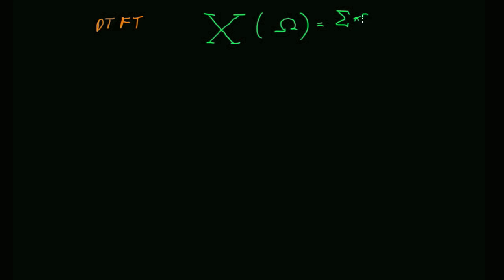Is that what we wrote down before? Okay, good, at least we have the same equation. Again, what that does is take a signal and tell you the frequency content of that signal. One of the nice things about this equation is that it correctly predicts the behavior for all discrete time signals.